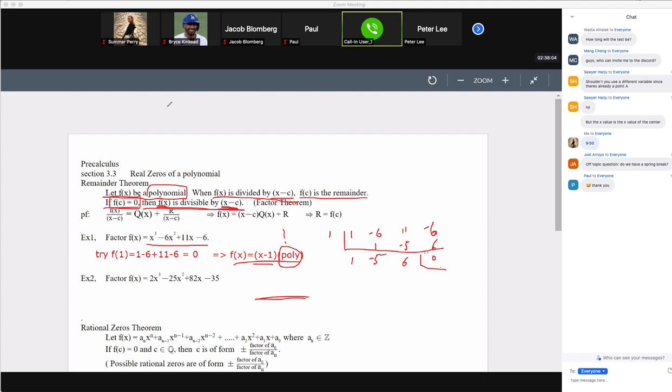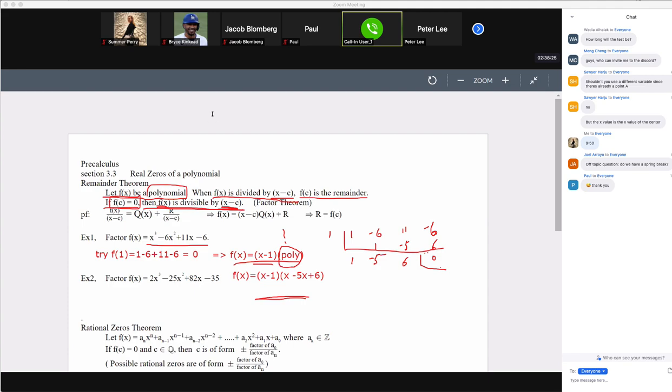So now, what is the conclusion? The conclusion is that f of x is equal to x minus 1, and now I'm writing the division in polynomial form, by the way, x squared minus 5x plus 6.